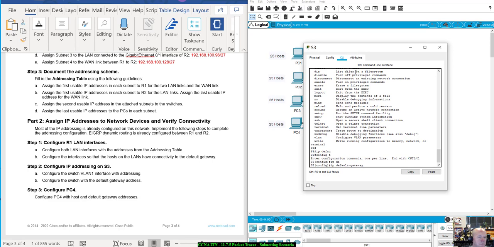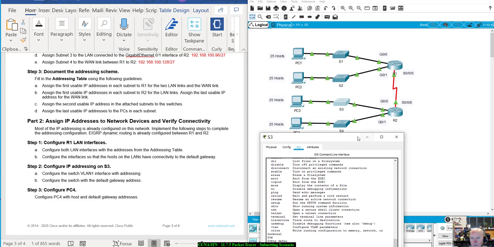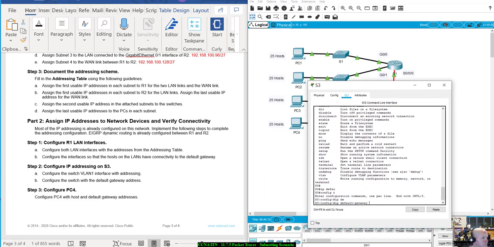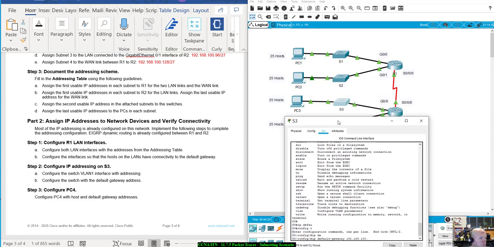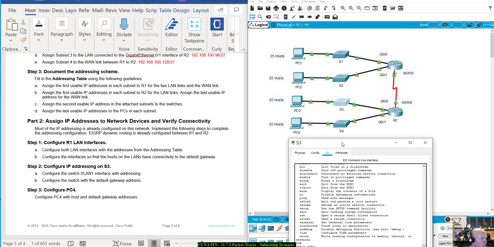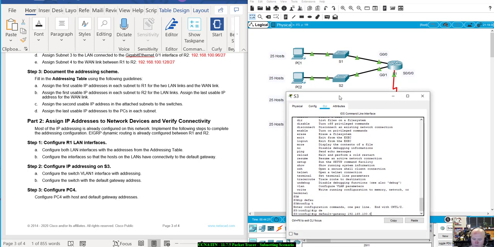So our default gateway from S3 is gigabit 0/0 of R2. 192.168.100.65, with 255.255.255.224.